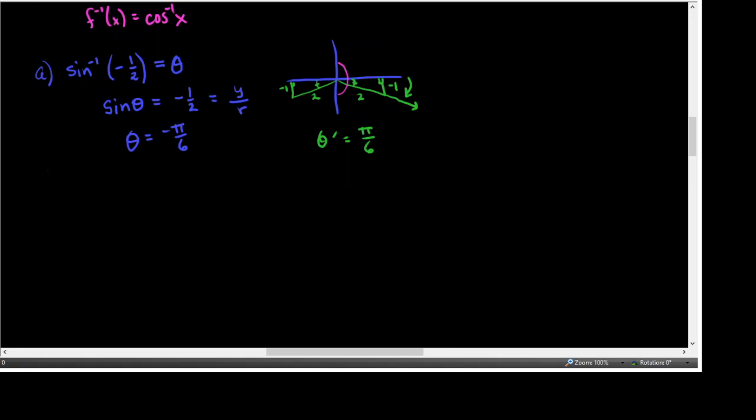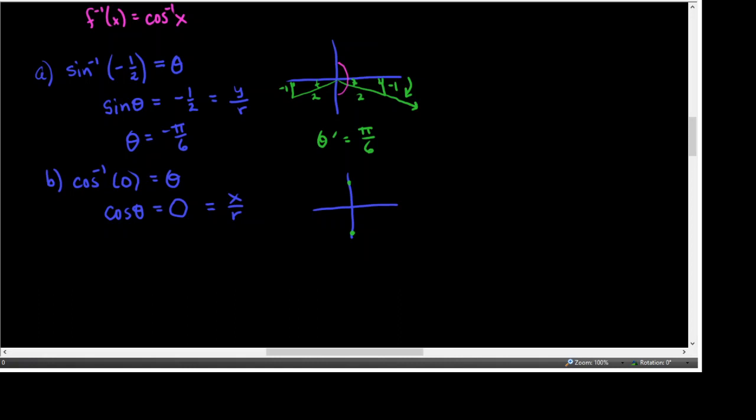B, arc cosine of 0. Inverse cosine of 0. Again, that's equal to theta, which means that the cosine of some angle theta is 0. Cosine is x/r. The only way a fraction can be equal to 0 is if the numerator is equal to 0. And that actually happens at two places: it's equal to 0 here and here.